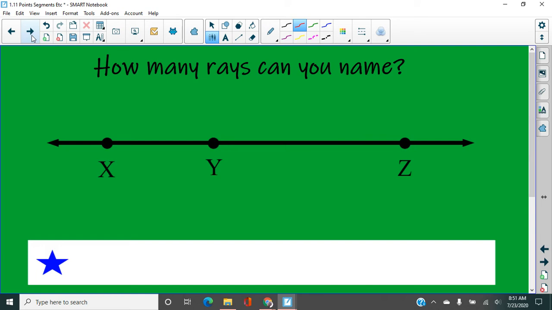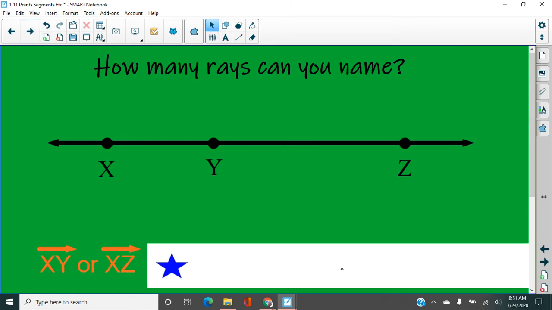Okay. Same thing here. We can pull rays out of the same thing. We might talk about ray XY from here through here, or ray XZ, X through Z. Those are some rays.